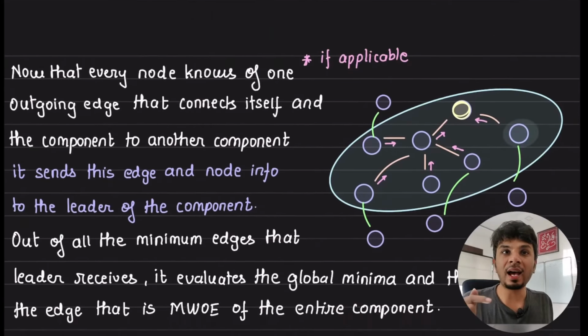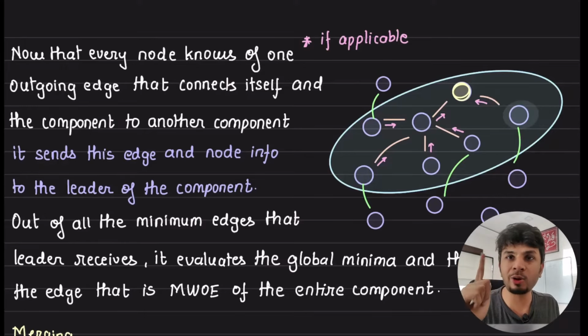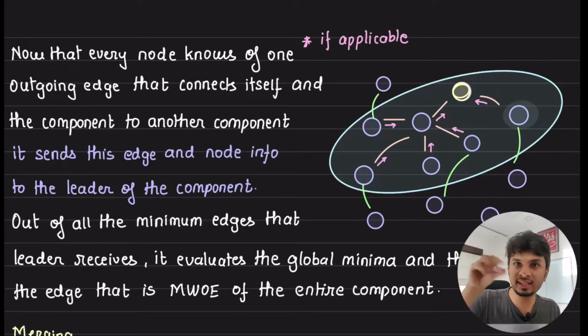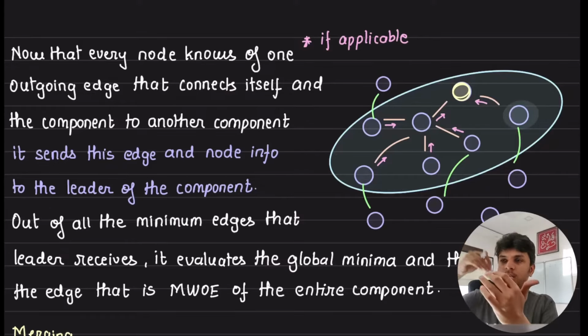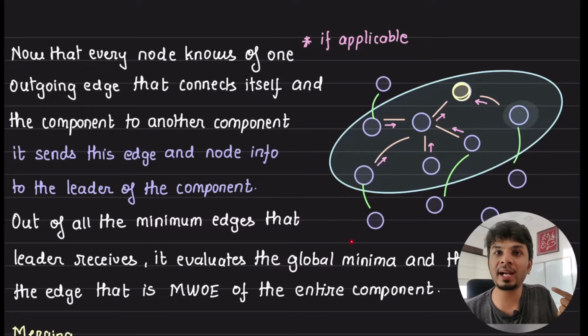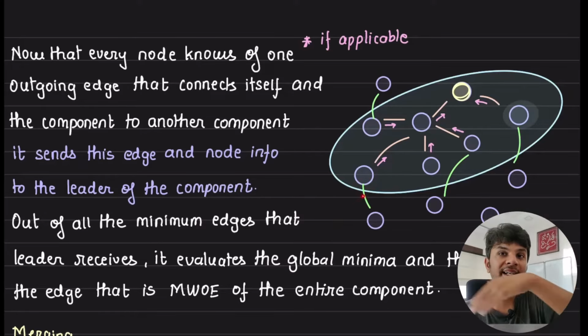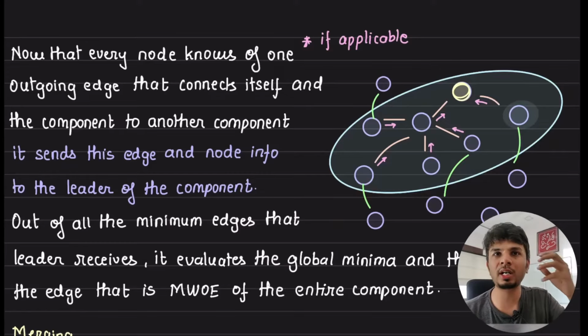Now that every node knows, if applicable, one outgoing edge that connects itself to another component, right? So it would know that these are the peripheral nodes of my component, because this is what we have to find. And out of all the edges from the peripheral nodes, the one with the minimum weight is what every node keeps ready.